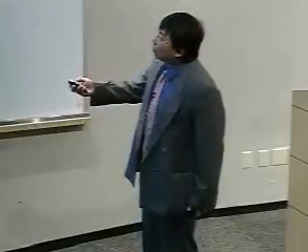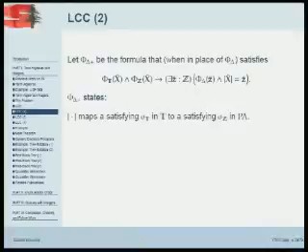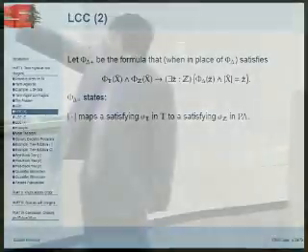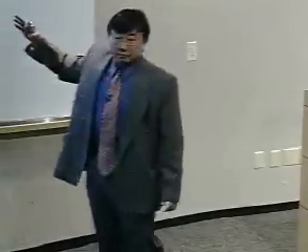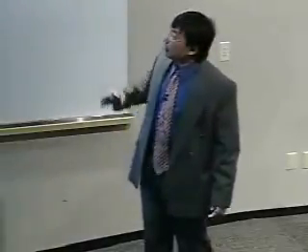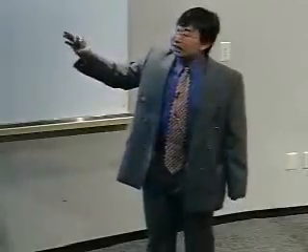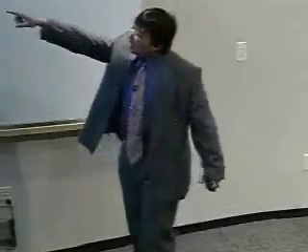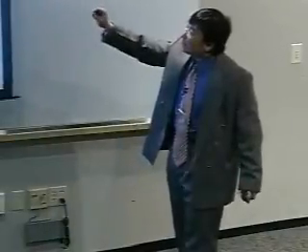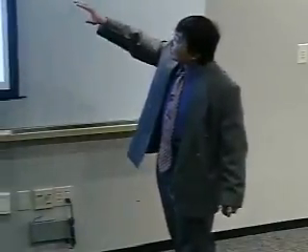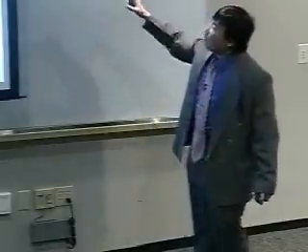Okay. So let's analyze the two conditions. For the first condition, let's call phi delta plus the formula in place of phi delta that satisfies the first condition. Phi delta plus says that the length function maps a satisfying data assignment to a satisfying integer assignment.